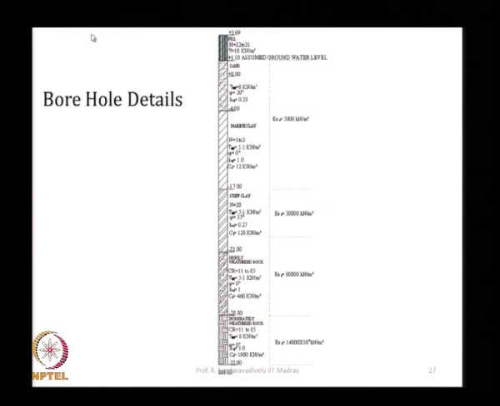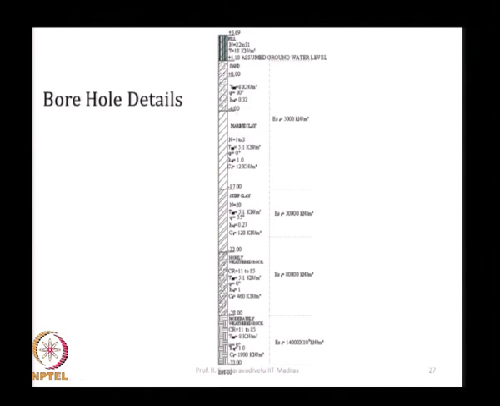We assume the groundwater level at plus 1.1. It need not coincide with this, but sometimes it may coincide. Then we have sand up to -4. Plus 0.0 is given only to mark the level, whereas the soil from 1.1 to -4 is sandy soil.